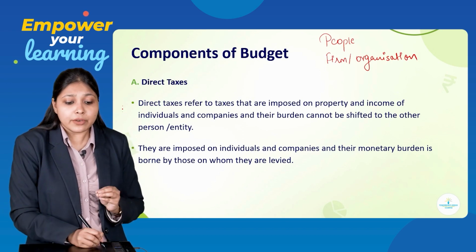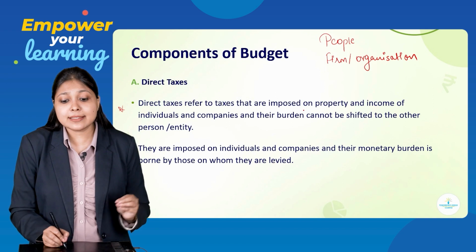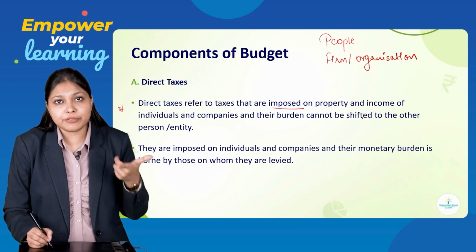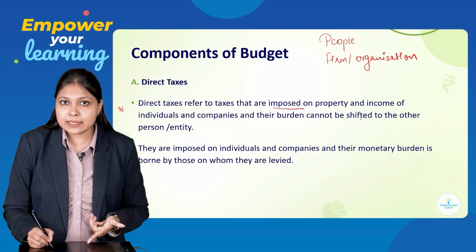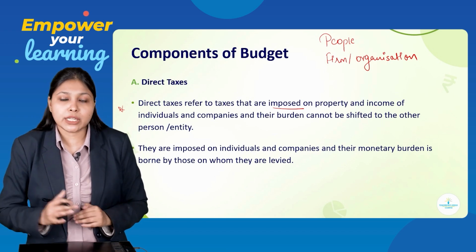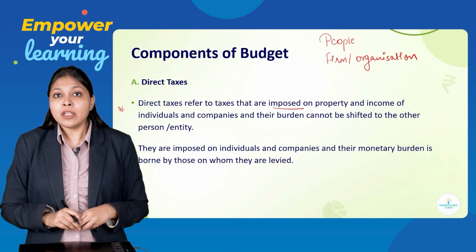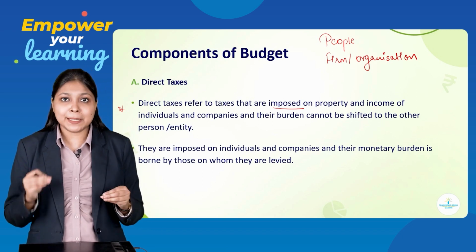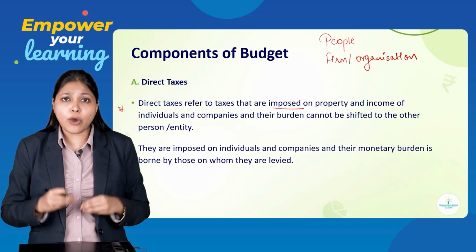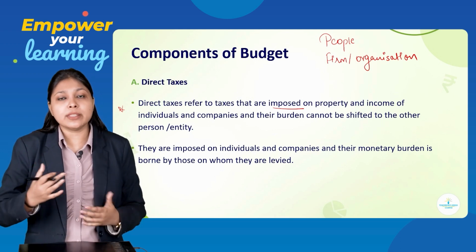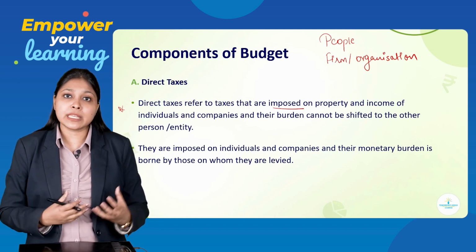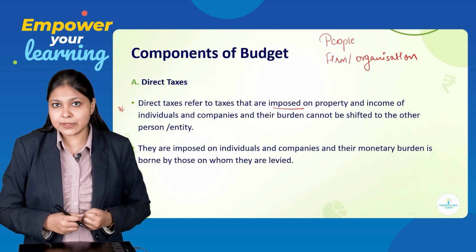Direct tax refers to taxes that are imposed on property and income of individuals and companies. Their burden cannot be shifted to another person or entity. Direct tax is usually imposed on people and companies for their property or on their income. So, as an individual, if I am working in an organization, I receive salary.